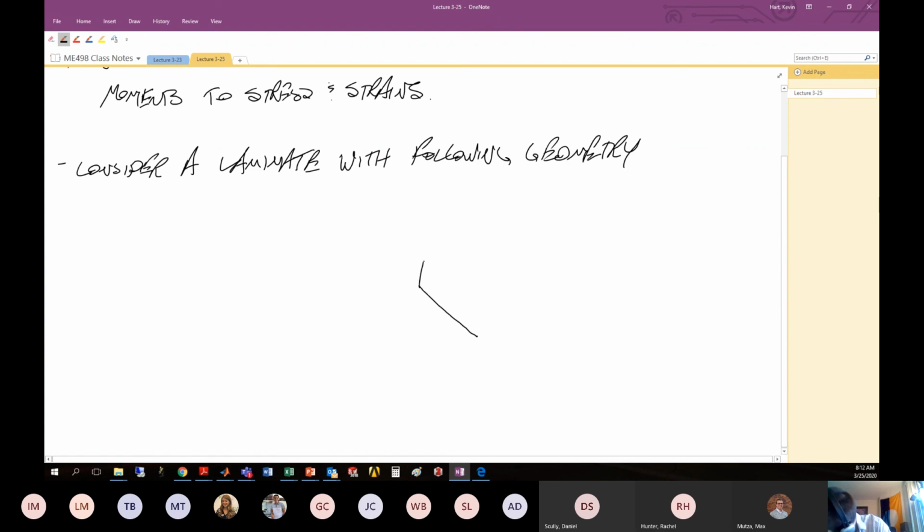Here we have our laminate stack. I'm going to do my best again to draw. I think I'm getting a little bit better, but still a little suspicious. All right, we have our coordinate system coming off of this, which is x, y, and z.